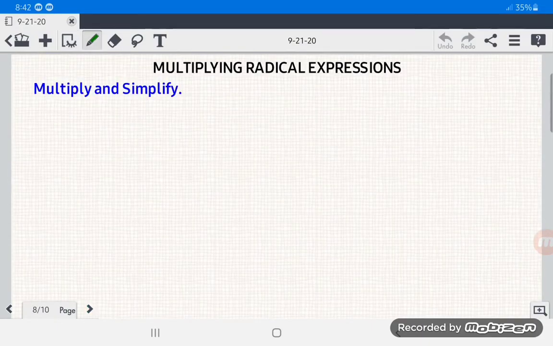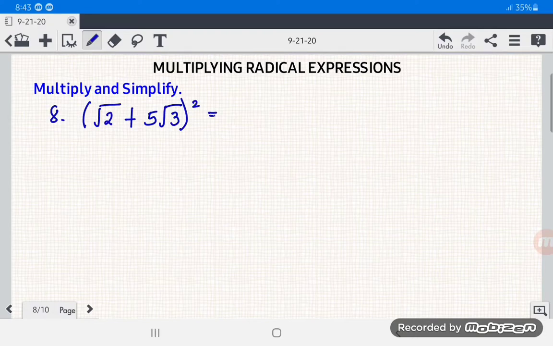Next, number 8. Let's say we have square root of 2 plus 5 square root of 3 squared. Again, we're going to make use of finding the product of a square of a binomial.